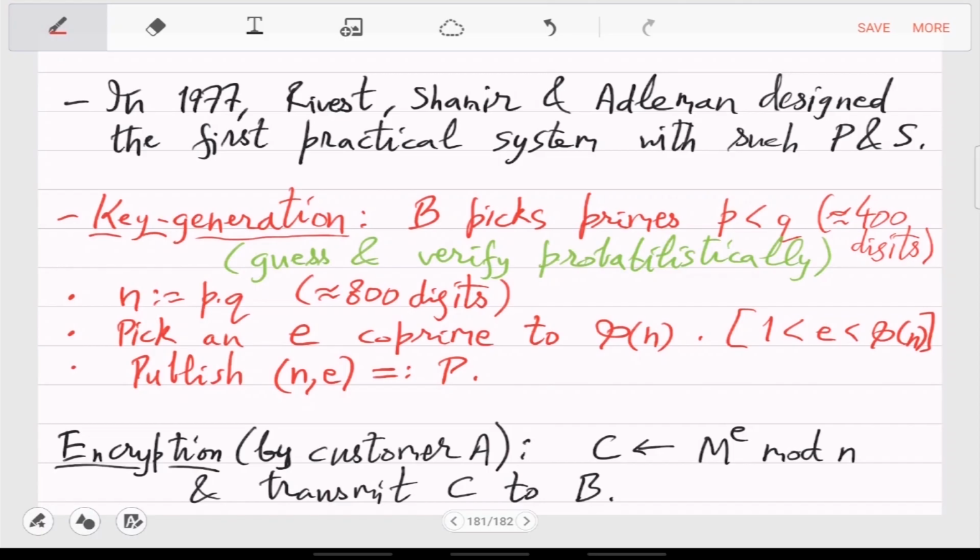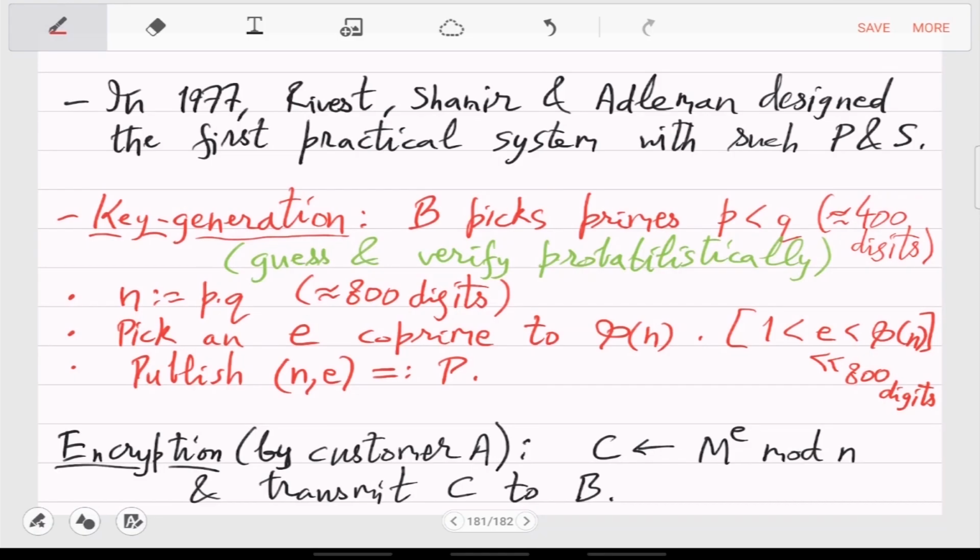In particular e is also smaller than n, which means that it is around 800 digits, but I think it is taken smaller than 800 digits. There is no need to keep this complicated. So say e is 100 or 200 decimal digits.